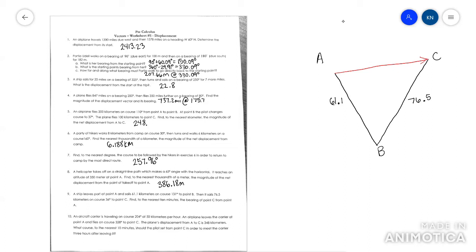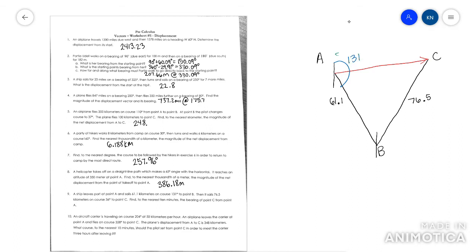So here's how you're going to do this. You're going to start by getting the red angle, because if you had the red angle, you could solve using law of cosines for the red side. So you need to go get the red angle, and here's how. This blue angle was our first course, and it was 131 degrees.